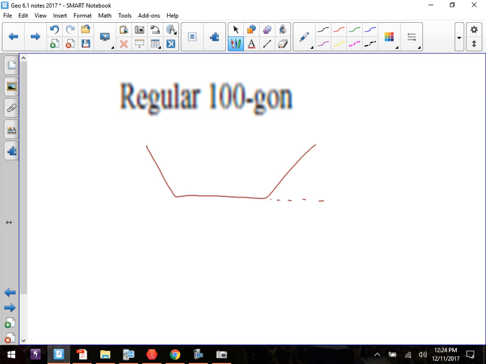Well, which one's going to be easier to find? The outside. Because how many degrees are in the outside? 360. Yeah, because no matter what, every time you go around something, you always go a full circle.